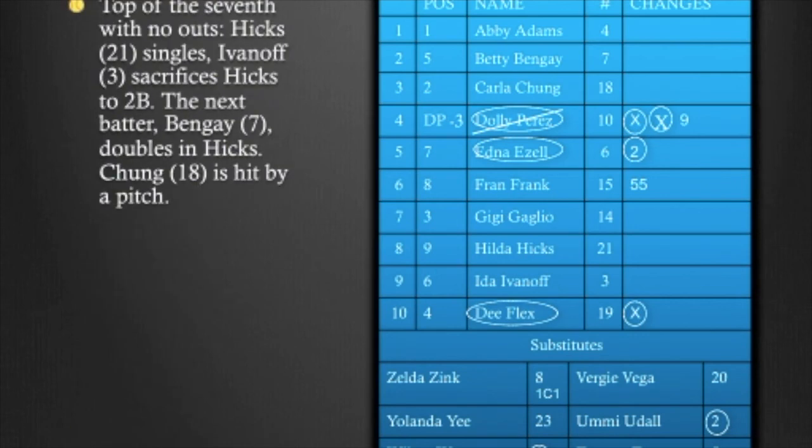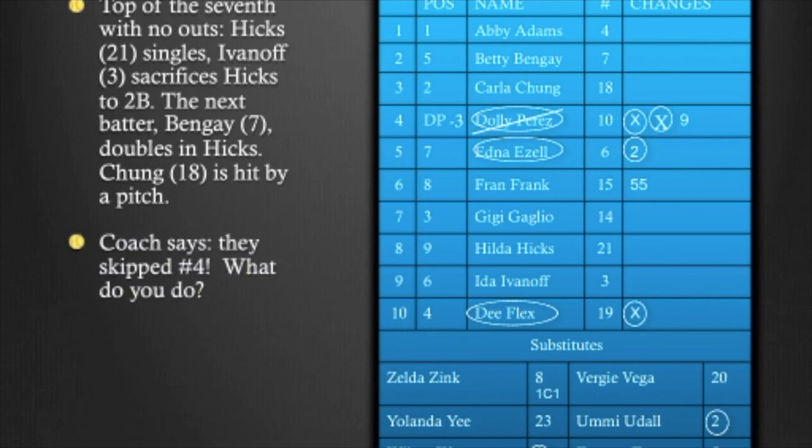Okay. Here we go again. Hicks singles. Ivanov sacrifices. The next batter, Bengay 7, doubles in Hicks. Chang, number 18, is hit by a pitch. Now what do you do? Okay. Coach says, hey, we skipped number 4. Now what do you do?